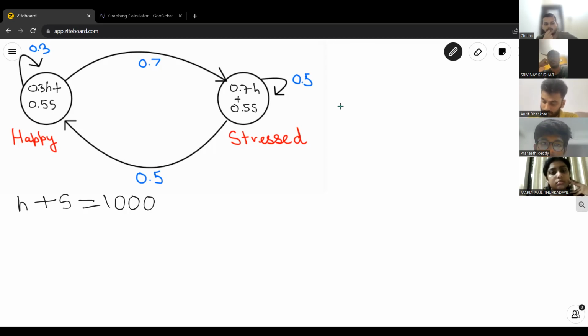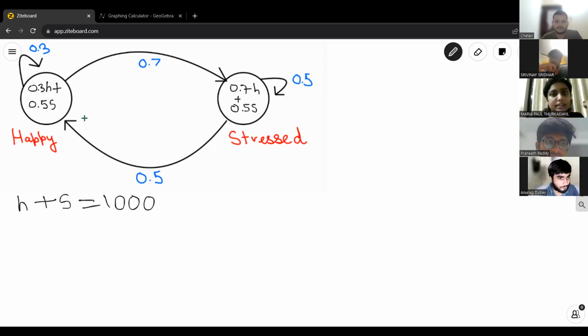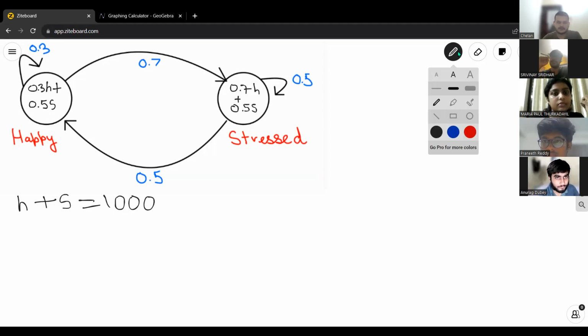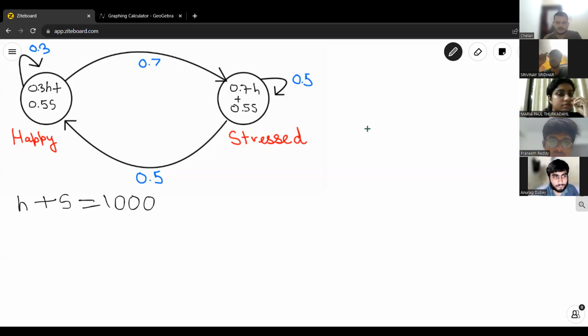What if we substitute this part of the equation in the happy people, like 0.7? We don't have a right hand side, so we can't equate it to anything. But we know 0.3h plus 0.5s will just become 1 of h plus 1 of s is equal to 1000, right?